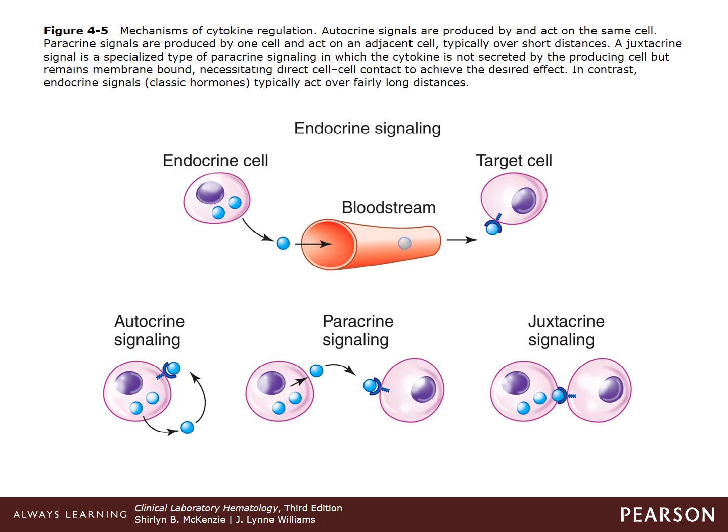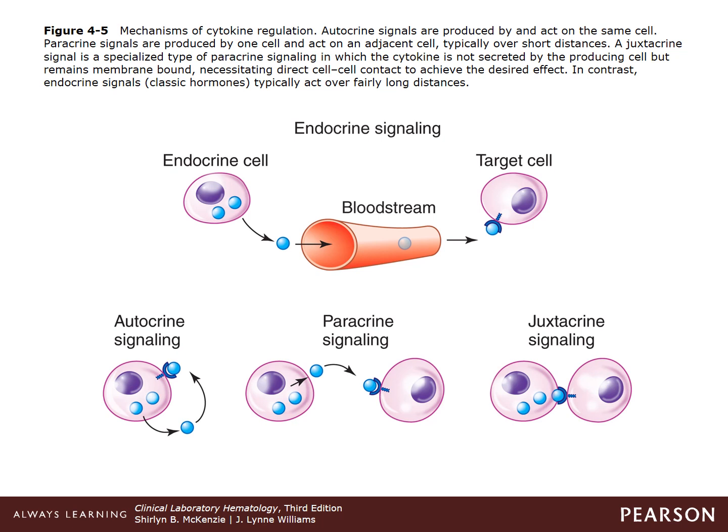Now, the mechanism of cytokine regulation is often referred to as a communication network where it exhibits signals in amplification circuits, including autocrine, paracrine, and juxtacrine, different mechanisms for stimulation and amplification. Autocrine signals are produced by and act on the same cells.